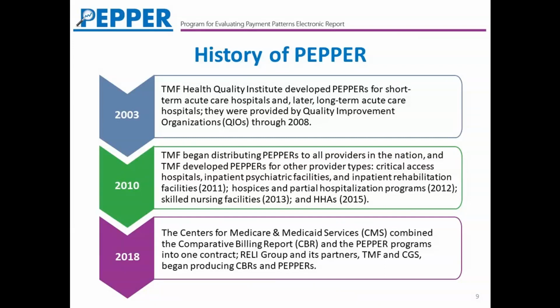Then in 2018, CMS combined the Comparative Billing Report, or CBR, and the PEPPER programs into one contract, and the Rely Group and its partners, TMF and CGS, now produce CBRs and PEPPERs.